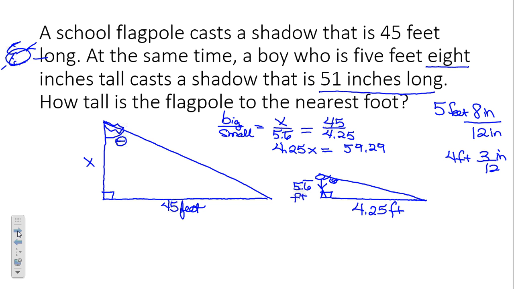Her final answer was 59.29 feet. When you took 5.6 repeating times 45, what did someone get? 252. And then our final answer is x is 59.29 feet.